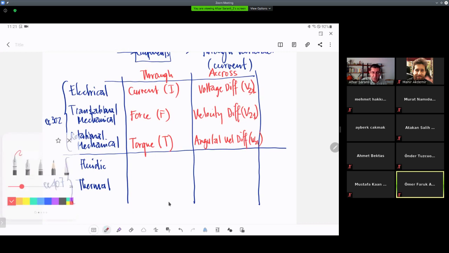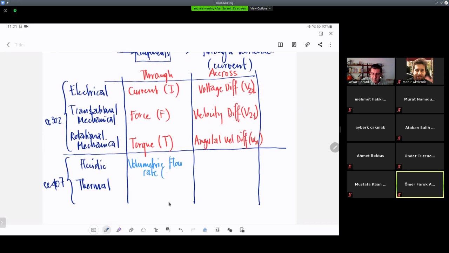And when we come to our case, let me use a different color. Okay, now when we talk about fluidic systems, we have volumetric flow rate, often indicated by Q. Okay, in this case, this is meter cube per second.